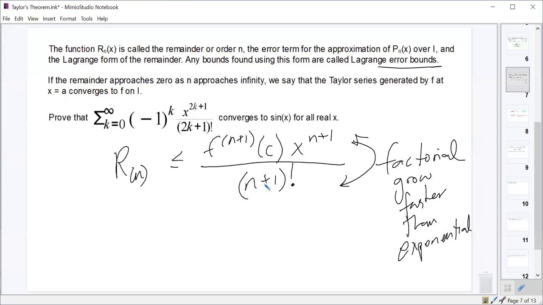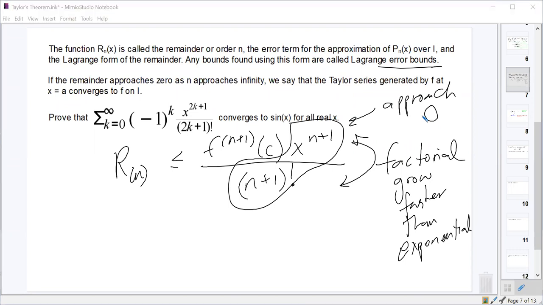So that means that as n goes towards infinity, this piece of it is approaching 0, no matter what x is. True.